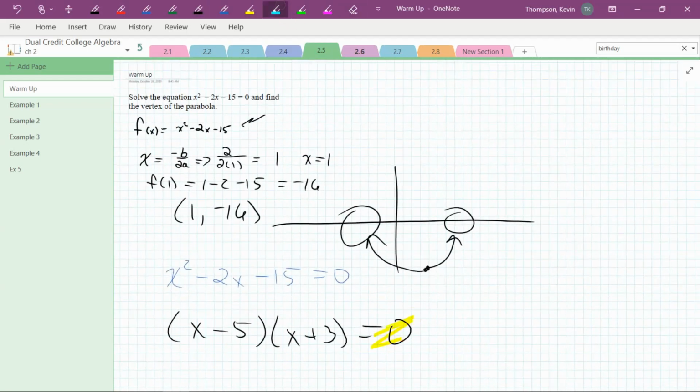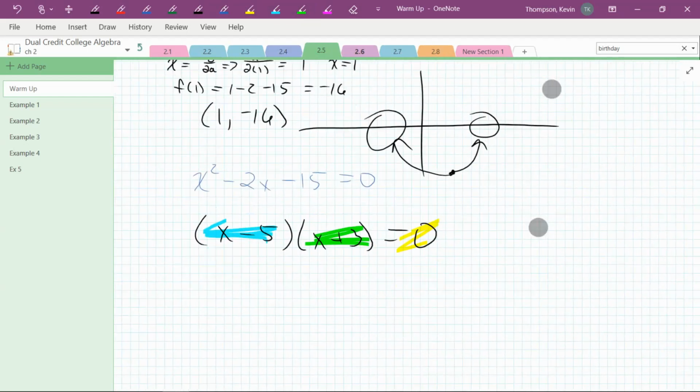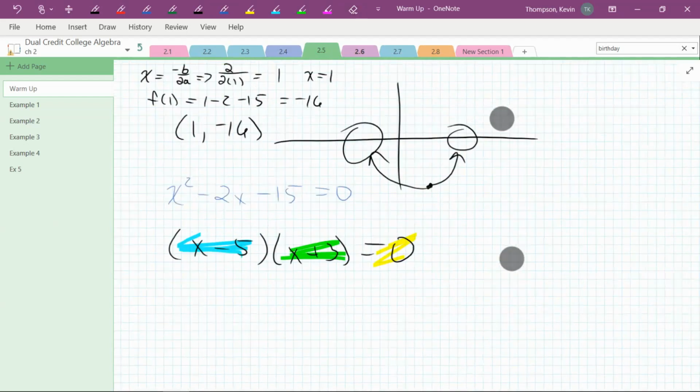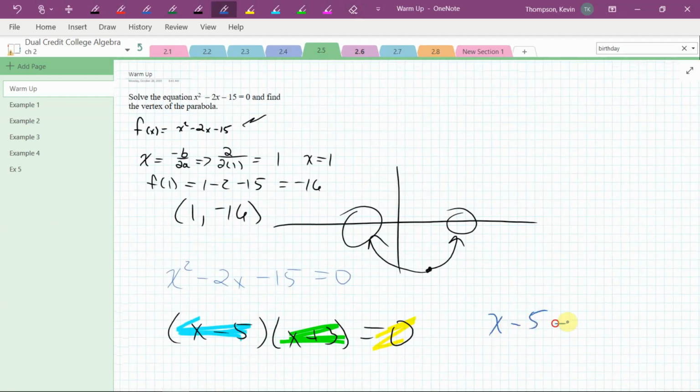If that's not 0, the logic here is saying blue times green is yellow. So either the blue thing is 0 or the green thing is 0 or both of them are 0. But at least one of them must be 0, and that's why we end up writing one of these equal to 0 and solving, or each of them I should say.